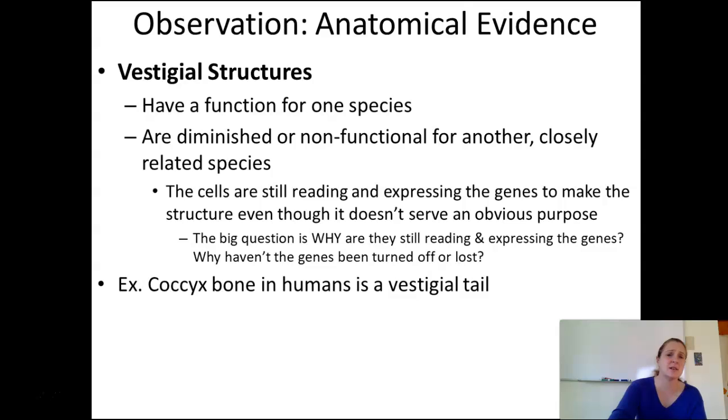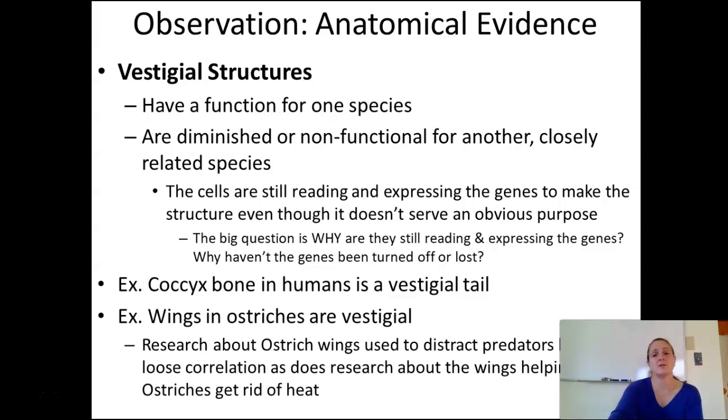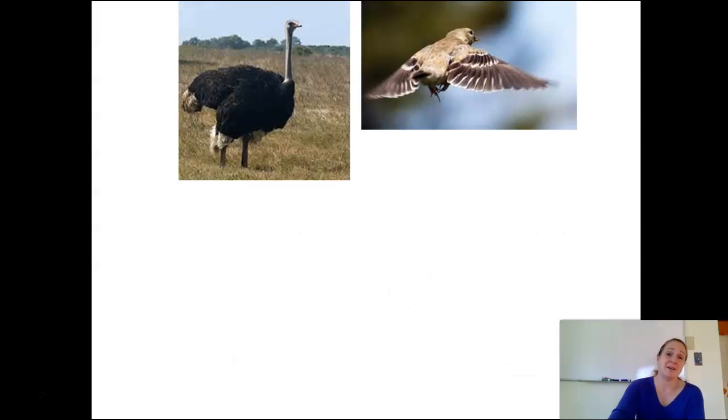So a classic example is the coccyx bone in humans, and tails in other mammals. Tails in other mammals allow them to balance, while our coccyx bone has no real function except to break whenever we fall on the ice. And the other example is ostrich wings. In the picture here, we have the ostrich wing that doesn't serve a good function that we know of, but there is a tremendous amount of energy being invested in the feathers.